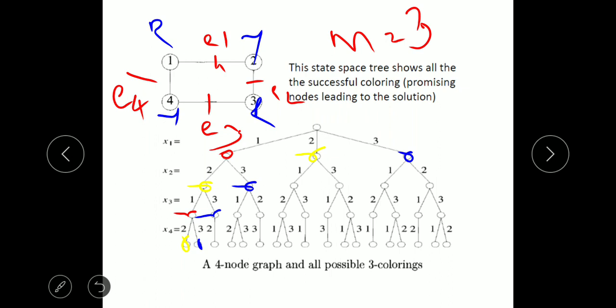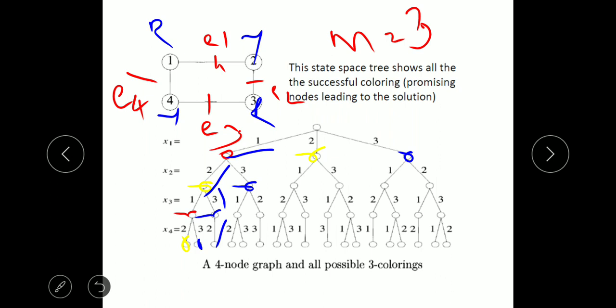So here in the second possibility, the first vertex is colored red, the second vertex is colored yellow, the third vertex is colored blue, and then the fourth vertex is colored yellow.